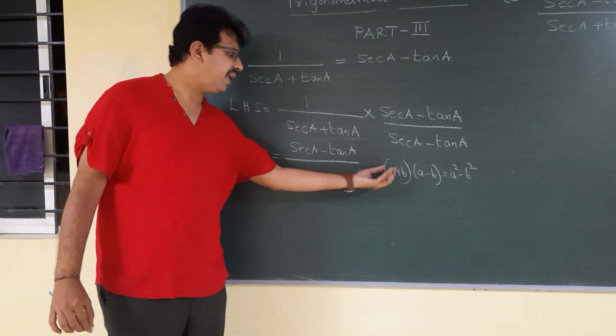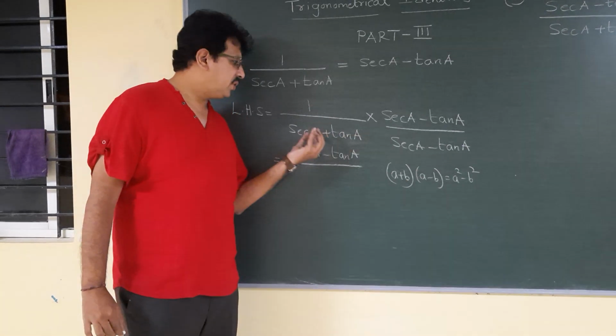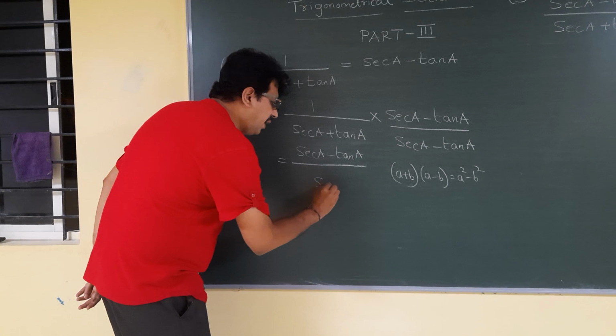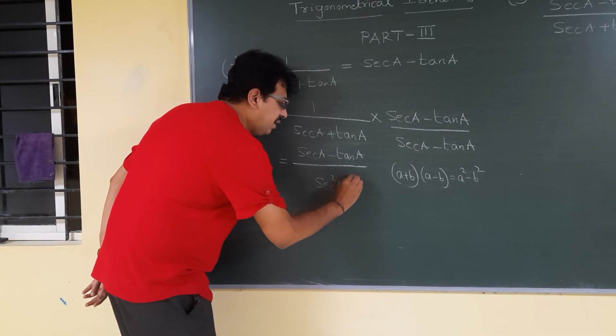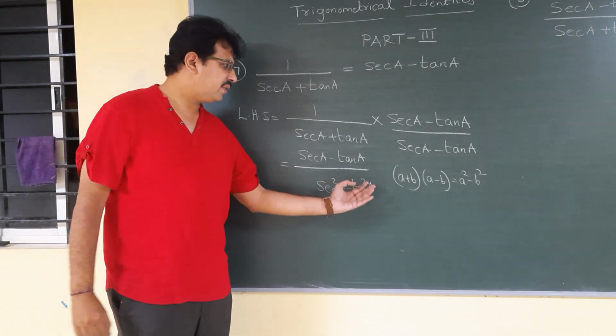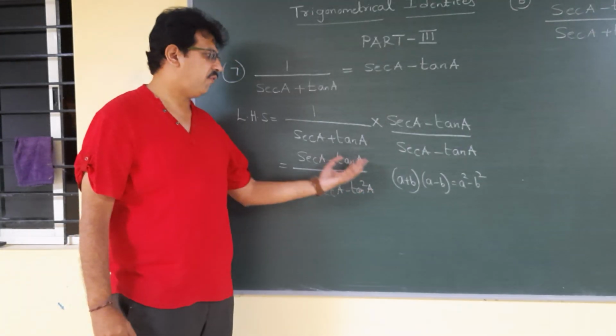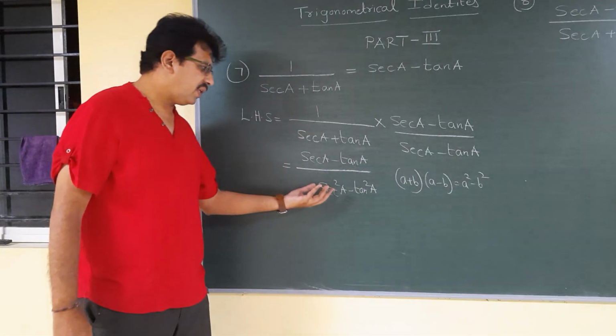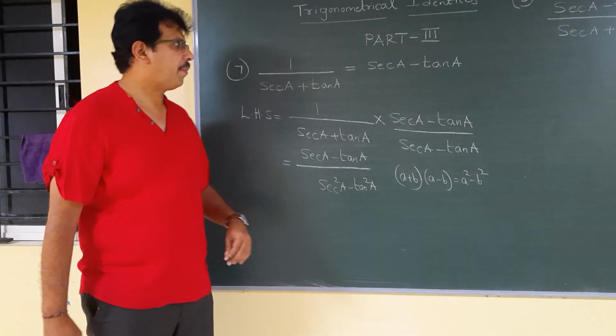So secant a is a and tan a is b. So secant a plus tan a into secant a minus tan a is secant square a minus tan square a. That is the formula we are using.